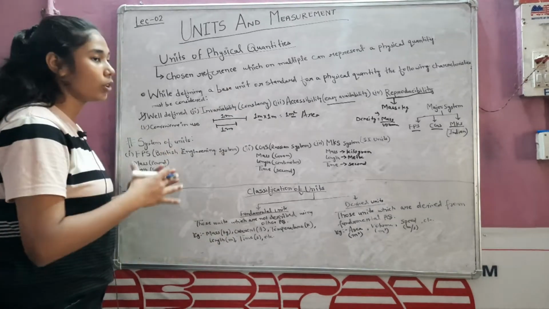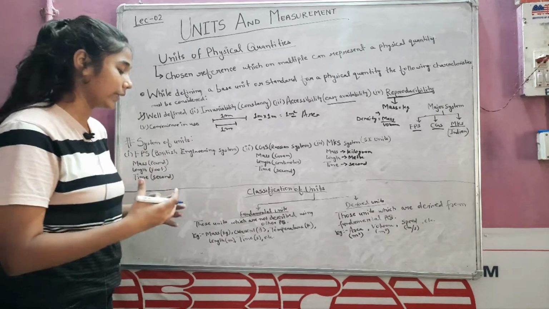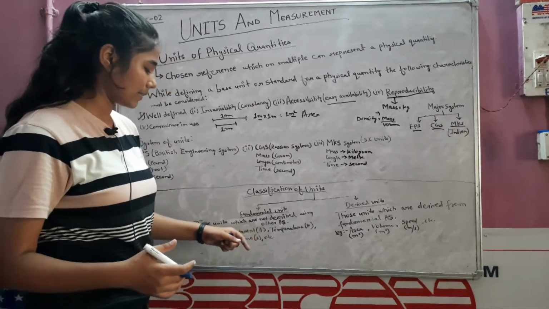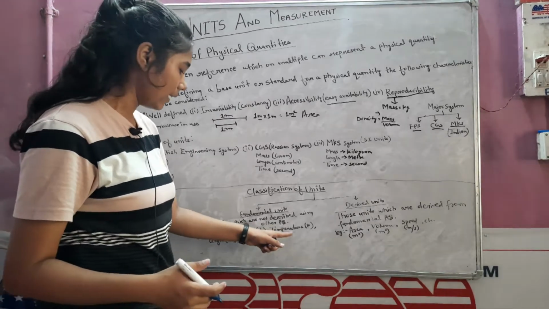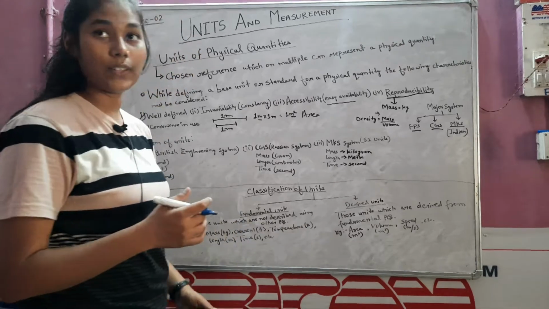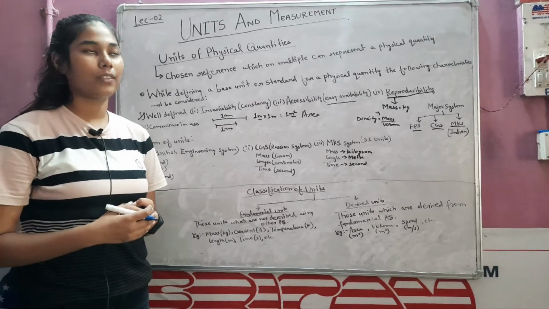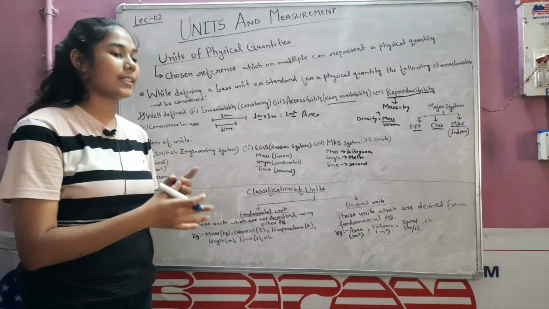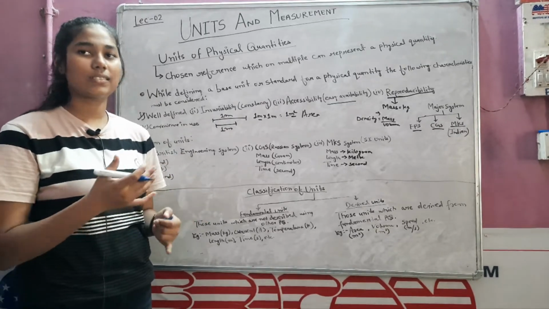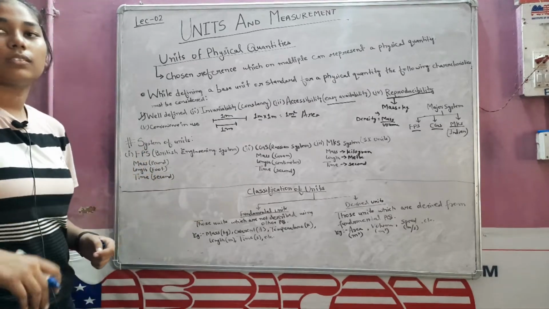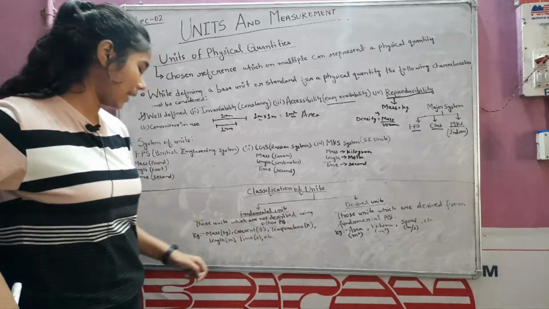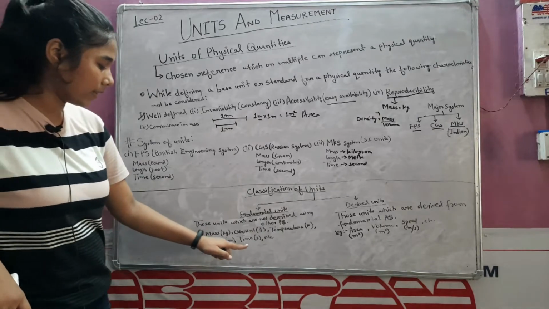It is its own fundamental unit. Likewise, current has ampere, represented by A. Temperature has K, Kelvin. We have many times said 36 degrees Celsius, or Celsius, Fahrenheit and Kelvin, but mostly Kelvin is used. That is why I have written length in meter, time in seconds.